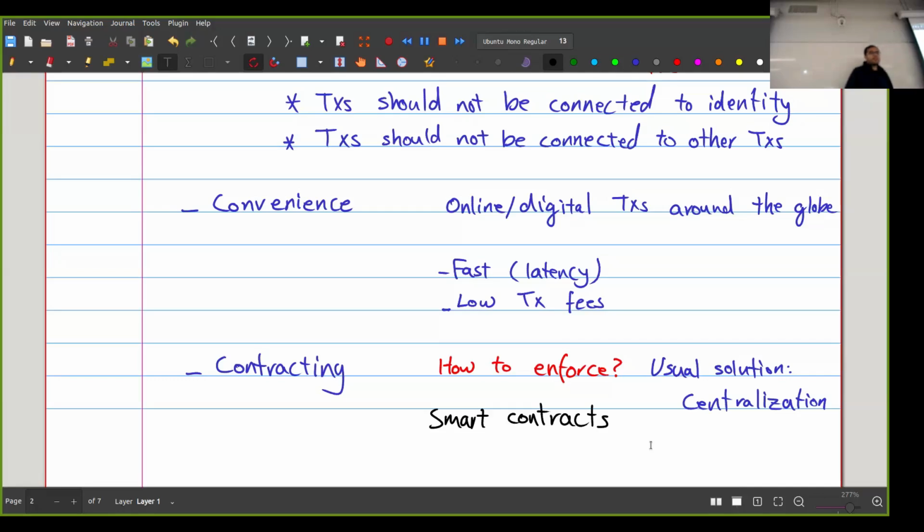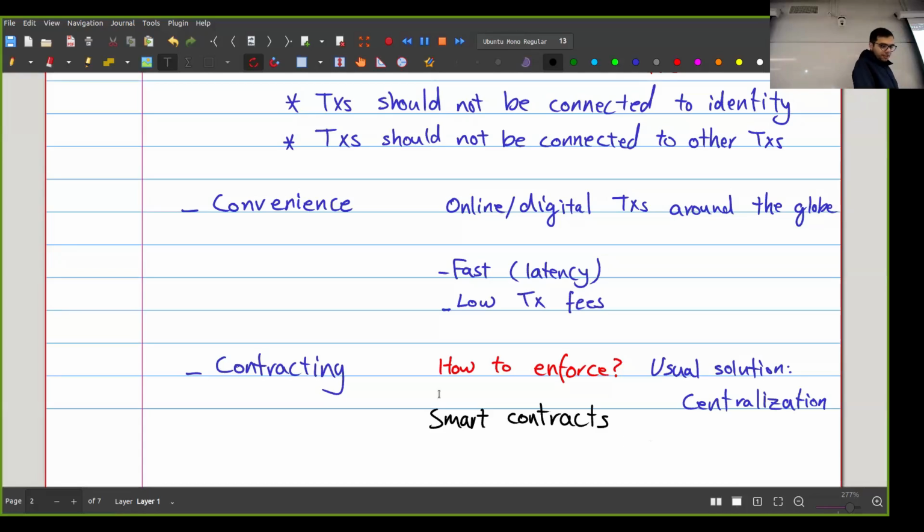So I cannot write a contract and just hope that a judge or the justice system will enforce it. That's not a thing for us. The other problem is that we said we want our currency to be global. What if we're in different countries and there is no one court that has jurisdiction over both of us? How can we write contracts in those cases?